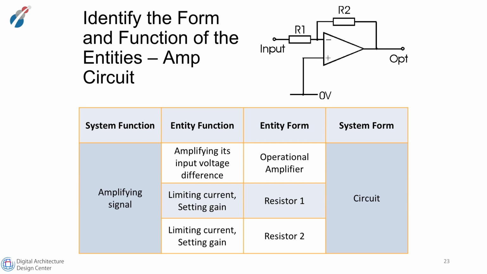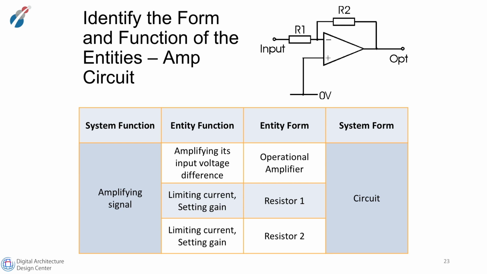So we have our op-amp, our circuit that we looked at before, and its function is to amplify signals, as we said before. But now what we're doing is we've added here the functional decomposition. So we are now looking at sub-functions that are necessary to amplify the signal. And so we have the op-amp, which is this element shown as a triangle. It's amplifying its input voltage difference.